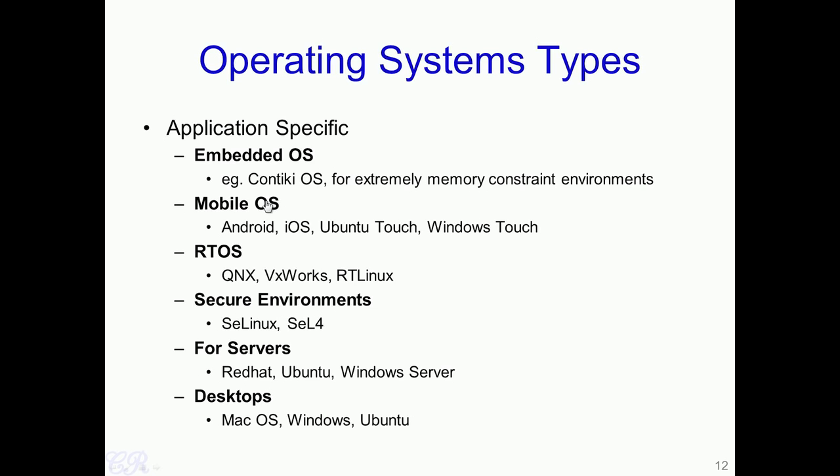A second class of operating systems which many of you may be familiar with is the mobile operating system, or mobile OS. Examples of these are Android, iOS, Ubuntu Touch and Windows Touch. Like the embedded OS, these operating systems are designed to ensure that the power consumed by the device is kept minimum. For example, they are designed so that the battery charge of your mobile phone is extended for the maximum amount of time.